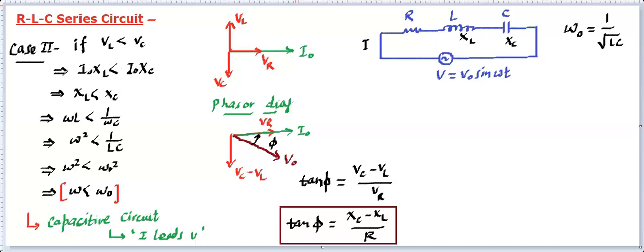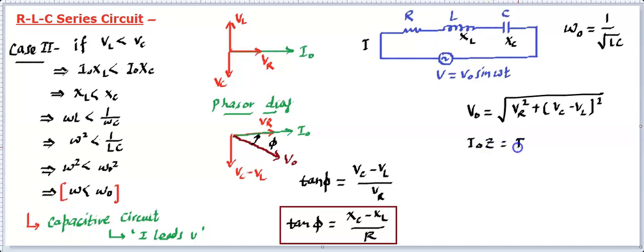And then we need to find the impedance for the circuit. Then you can claim again the similar rule that V naught is going to be equal to the square root of the resultant of these two vectors, that means VR square plus (VC minus VL) square. There will not be much difference because this is within the square, and the minus sign or order does not matter. Then you can put the values. So this will become I naught into Z, and you'll find I naught will be taken outside.